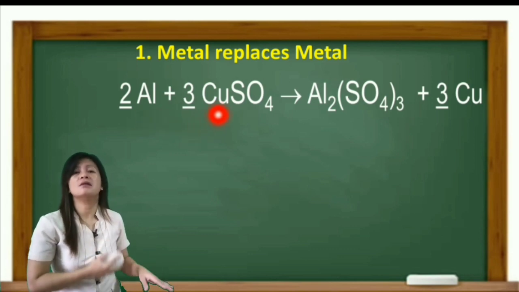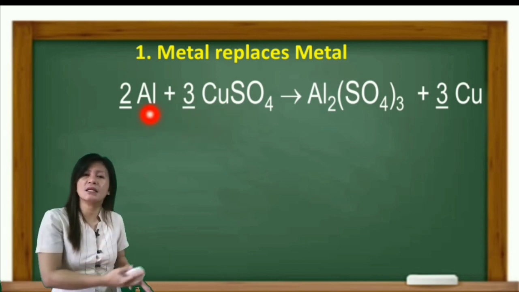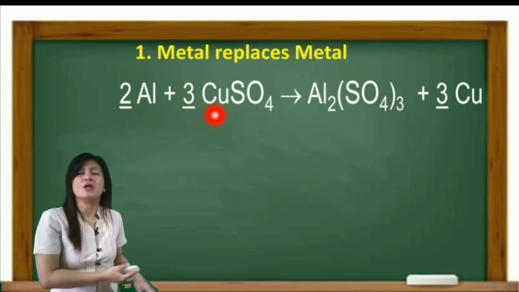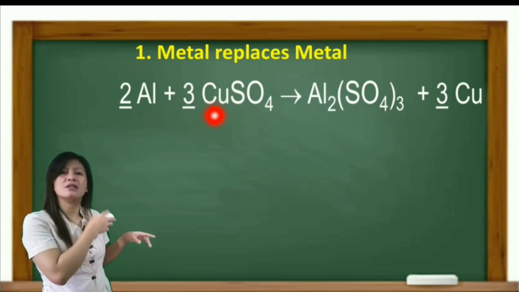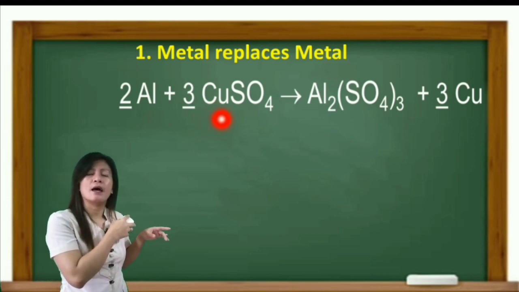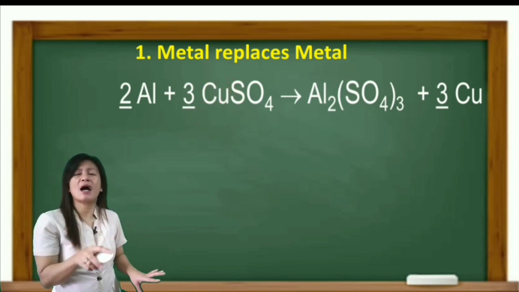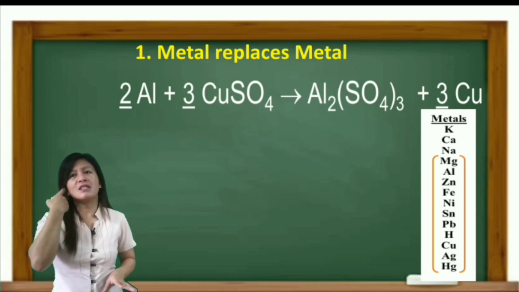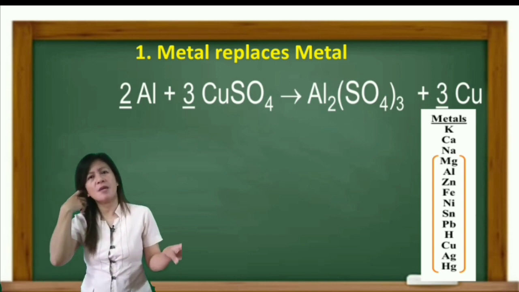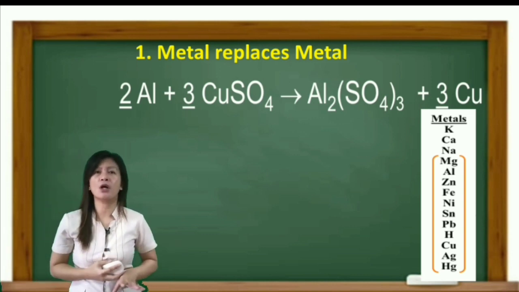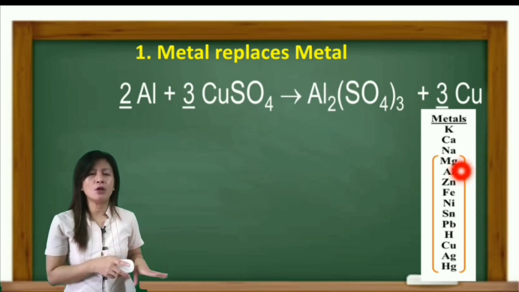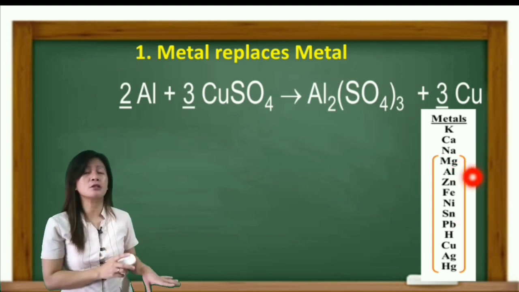So metal replaces metal in a single replacement reaction. So what is the metal in the copper sulfate compound? It is copper. And then looking back at the activity series, let's compare the positions of aluminum and copper. Is aluminum capable of replacing copper from the compound copper sulfate?